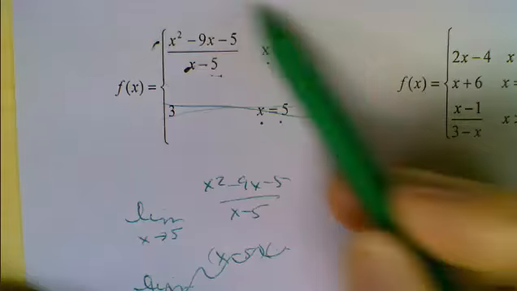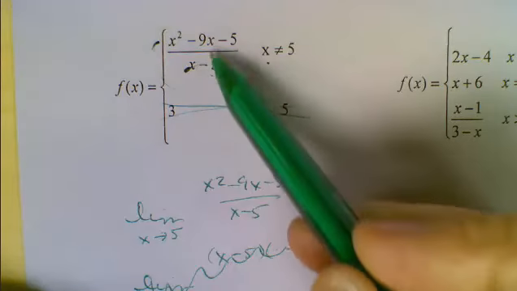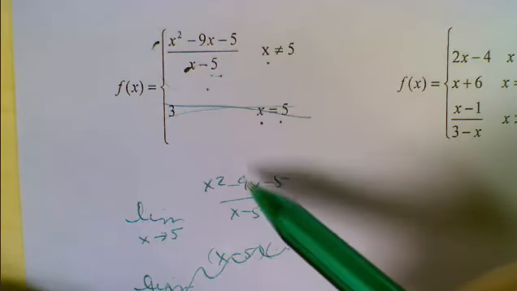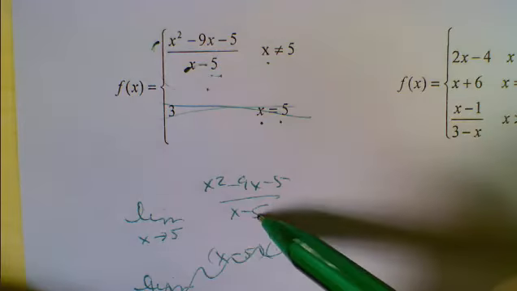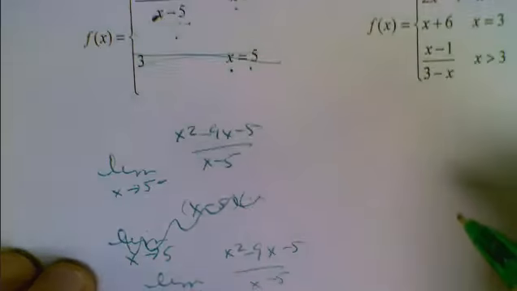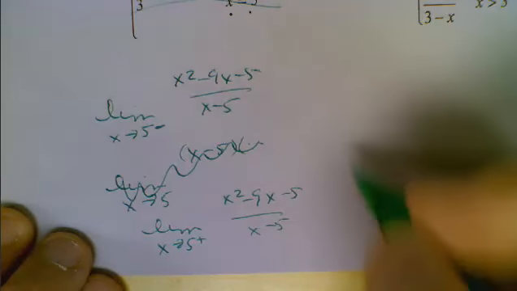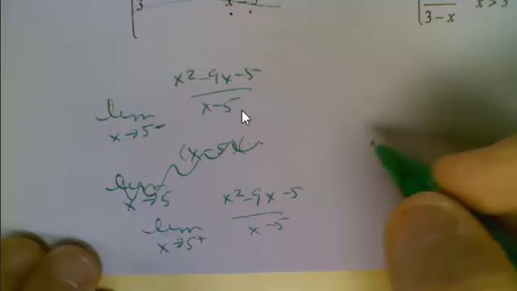So, you first look at it and say, okay, I'm looking at the limit as x approaches 5 of this piece. If this could have been factored, then I might have had a hole in the graph and I would have had a limit right away. It doesn't factor. So now I have to look at coming from the negative side and coming from the positive side because that's a vertical asymptote.